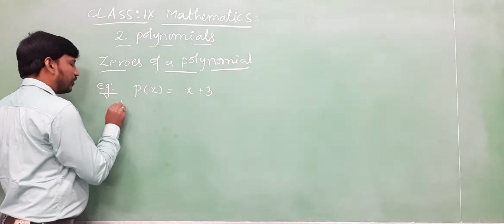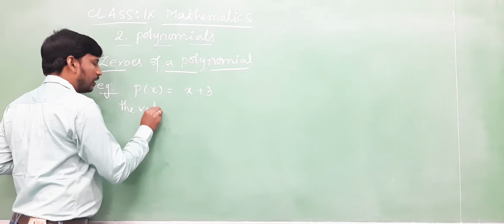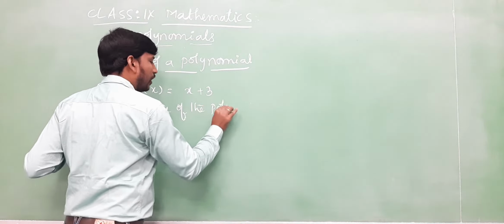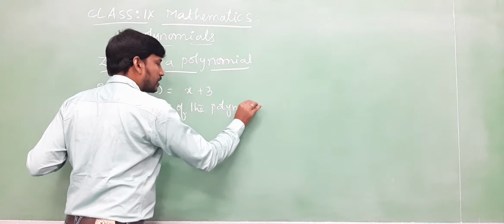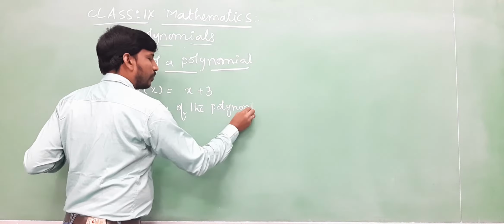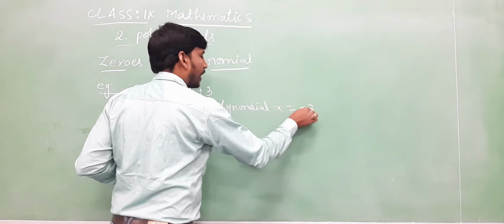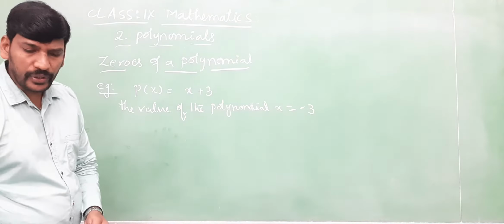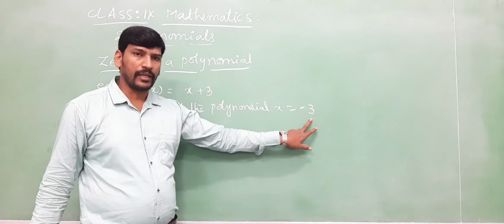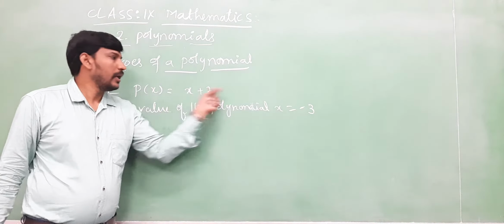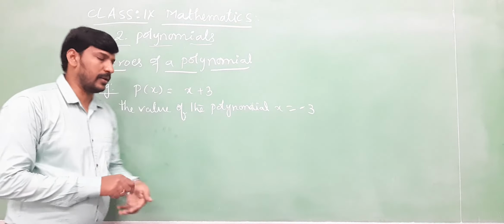The value of the polynomial at x is equal to minus 3. So at x equal to minus 3, wherever there is x in the given polynomial, we just replace it with minus 3.